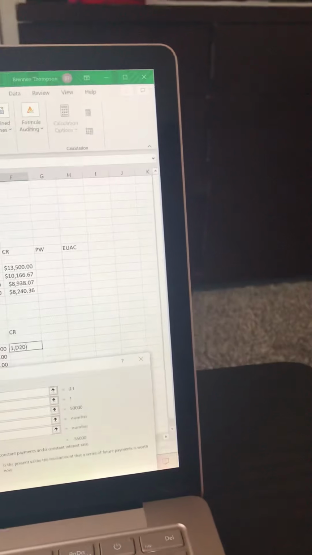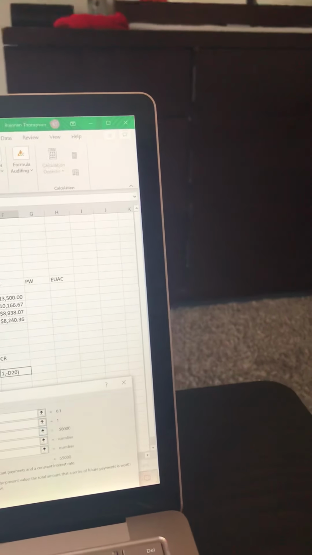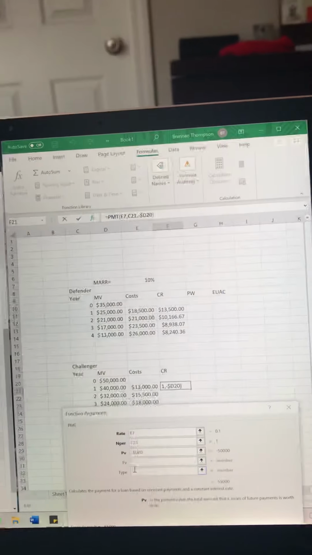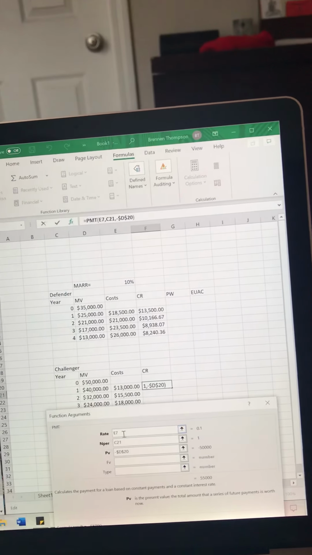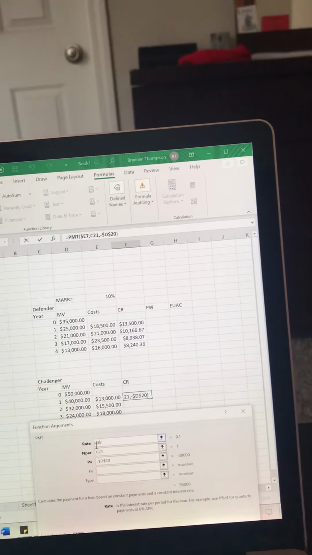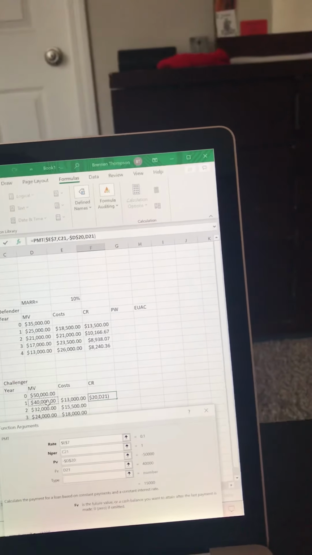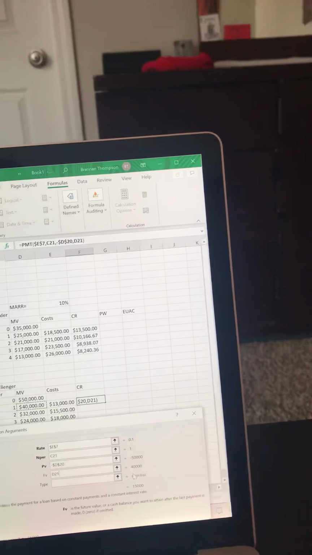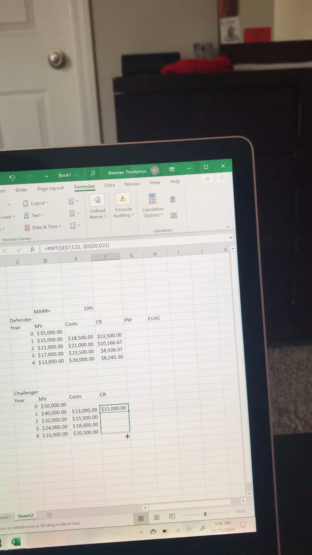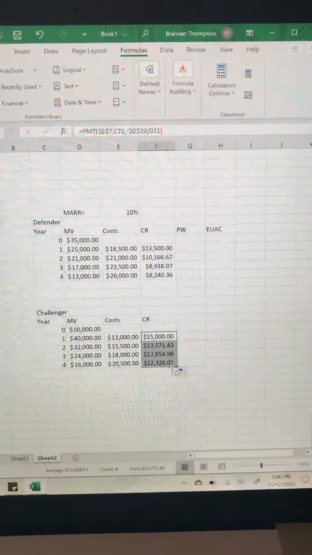Here's the present value. It's negative 50,000, minus the 40,000. So there we go for that.